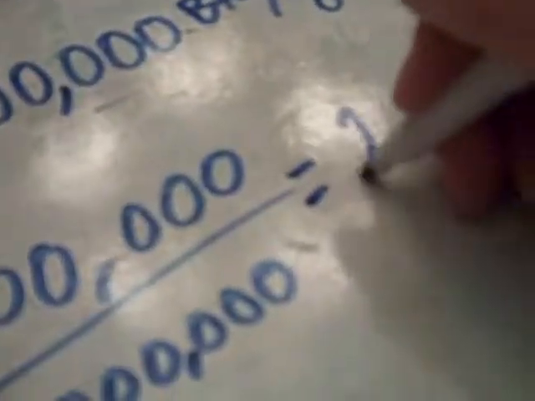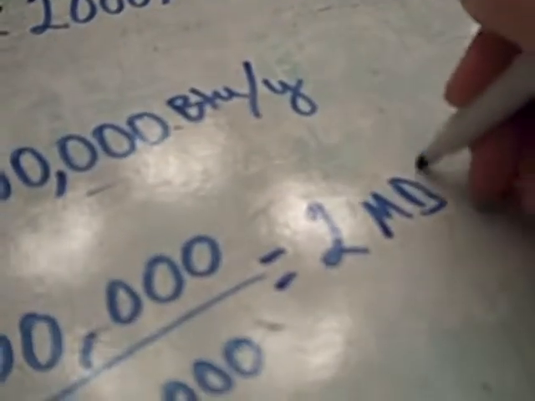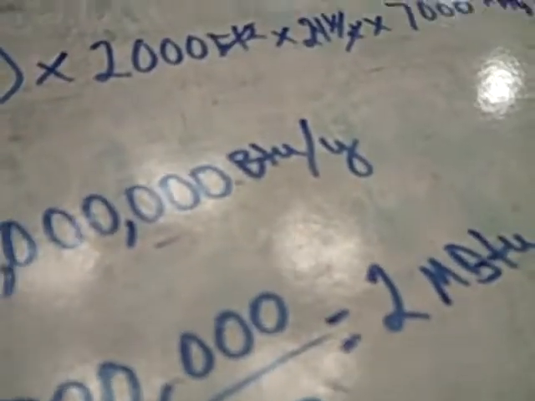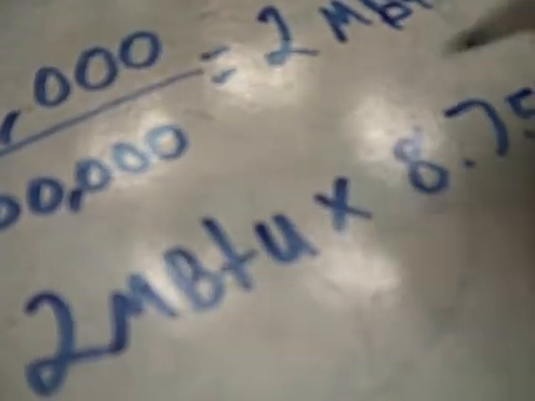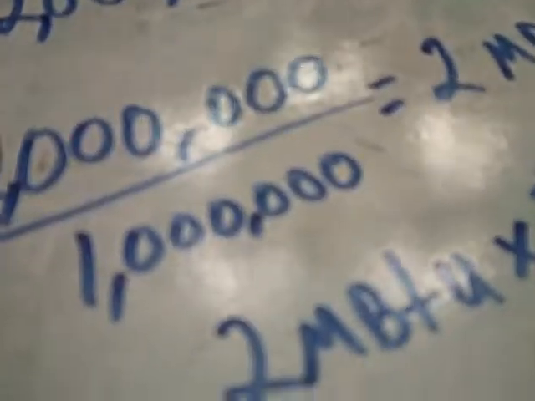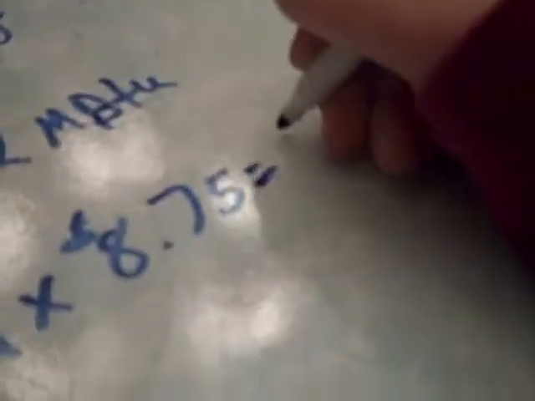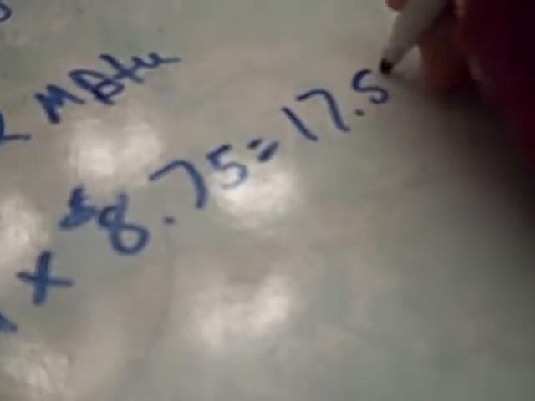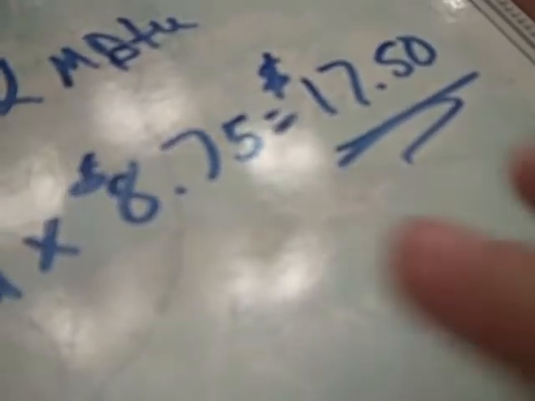That's going to give me millions of BTUs, easy math, so it's going to be 2 MBTUs for the year. And then I just take my 2 million BTUs and times that by my $8.75. And that allows me to get $17.50. So that's my energy loss and cost for the alternative energy.